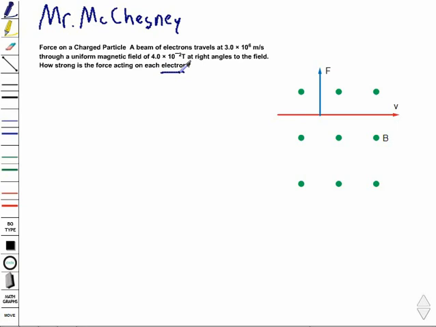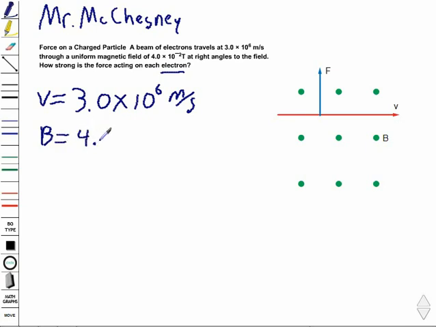So now that we know the direction of the force, we now want to know how to find it. So, as always, start with writing what you know. You know the velocity is 3.0 times 10 to the 6 meters per second. And we also know that the strength of our magnetic field, that's capital B, is 4.0 times 10 to the negative 2 Teslas.